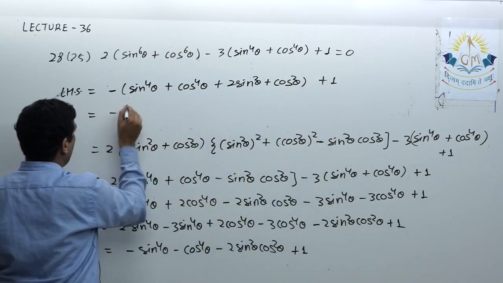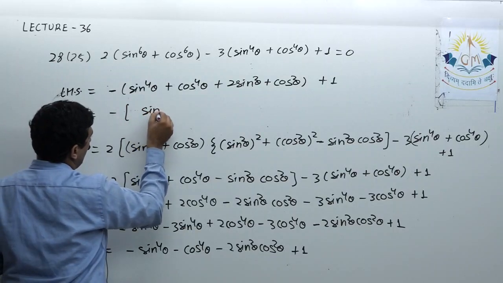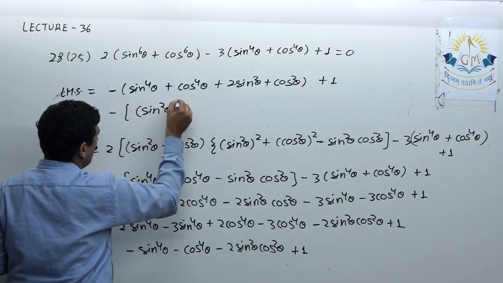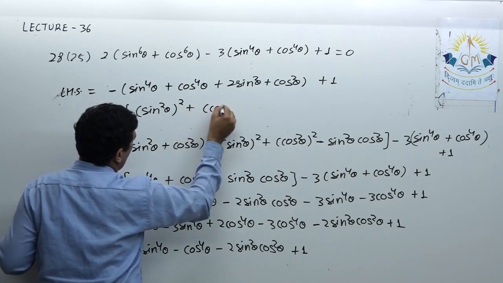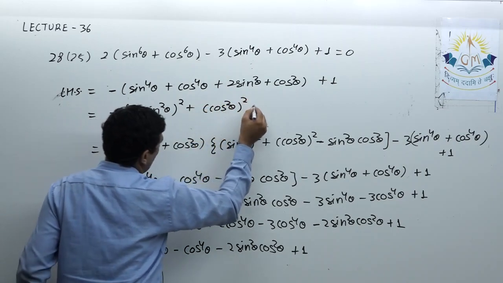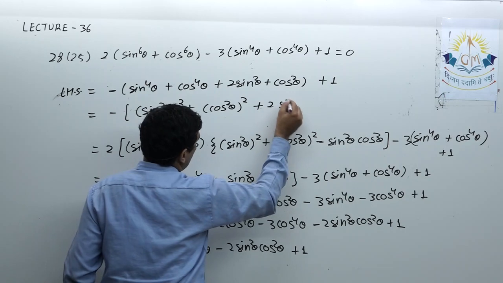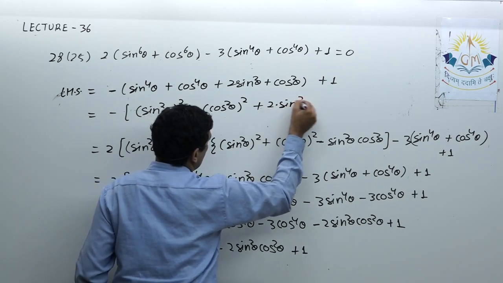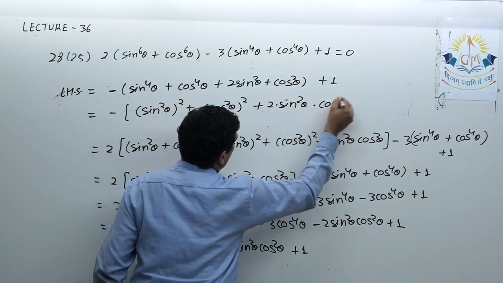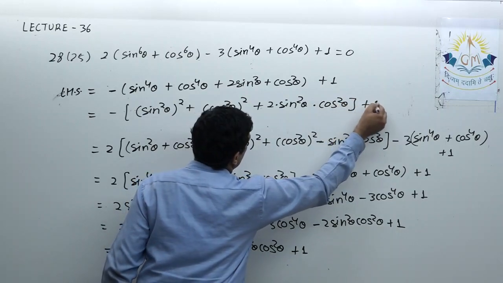Now further I write this as sin square theta whole square plus cos square theta whole square plus 2 into sin square theta into cos square theta, plus 1.